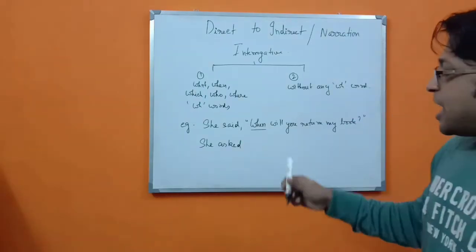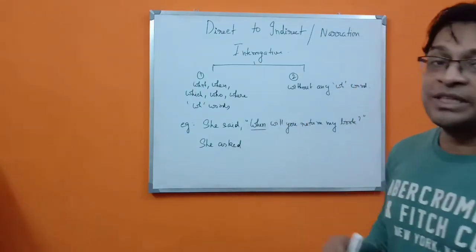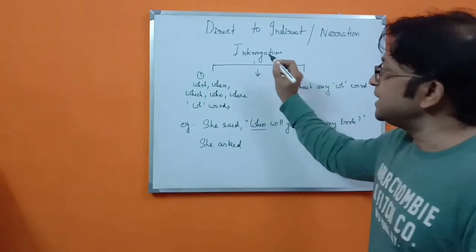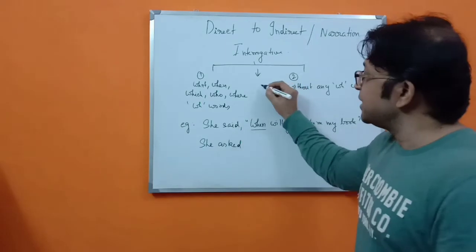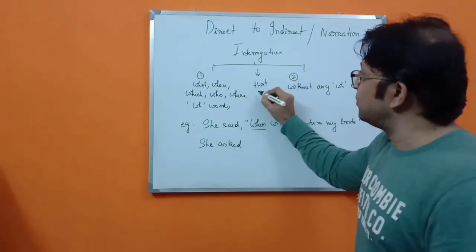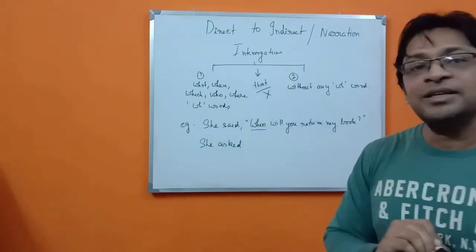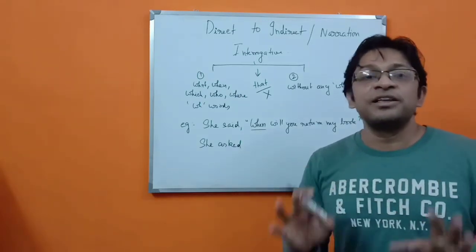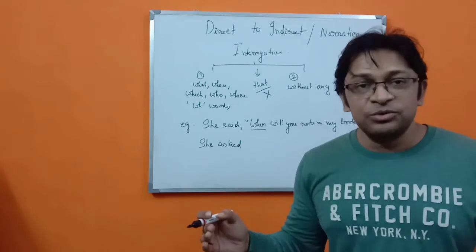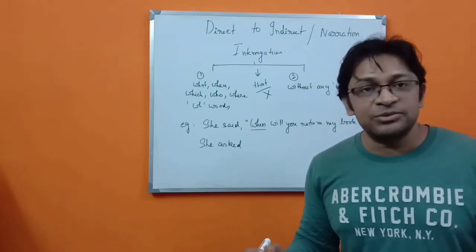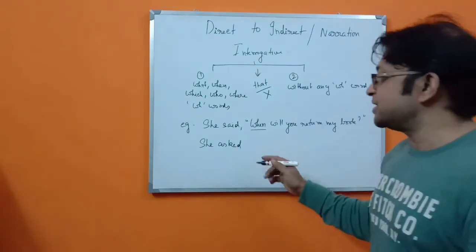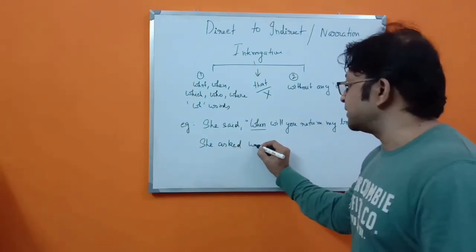Okay, so she asked, and one more thing, which is the foremost thing, that is, in interrogative sentences, you are not going to use that. Till now, in each and every sentence, we are using that to join the sentence, to combine the two sentences. Now we are not going to use this. How will we change it? See, she asked when.